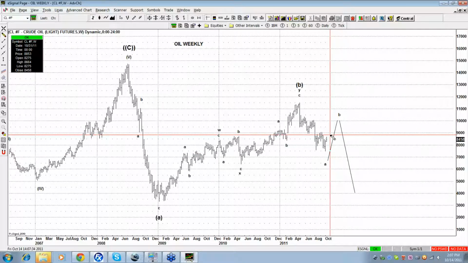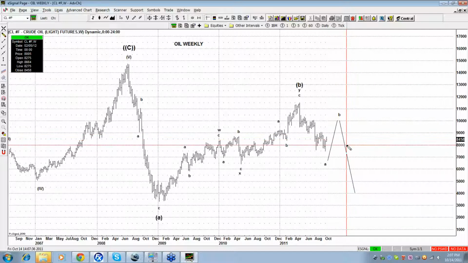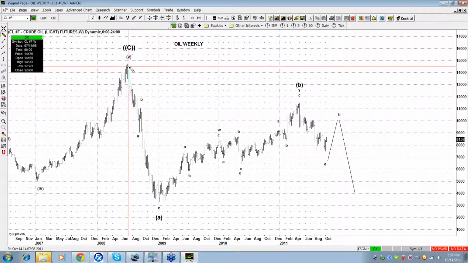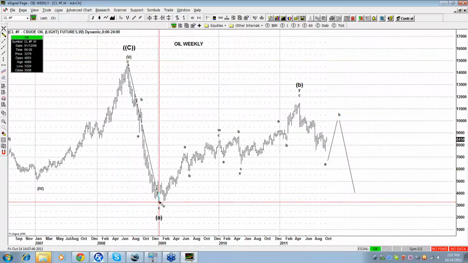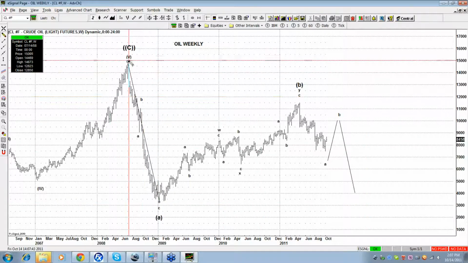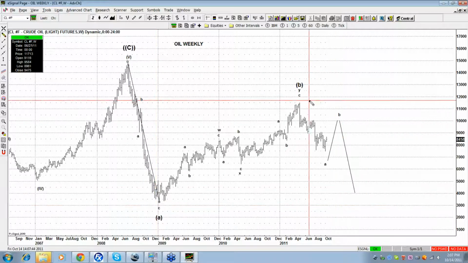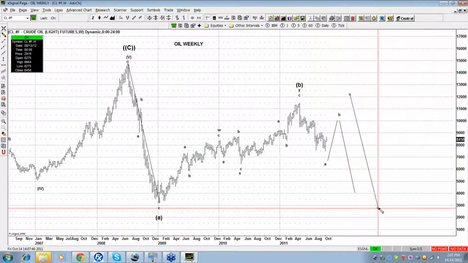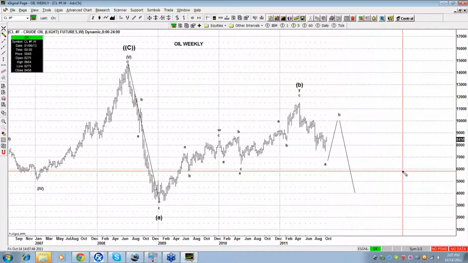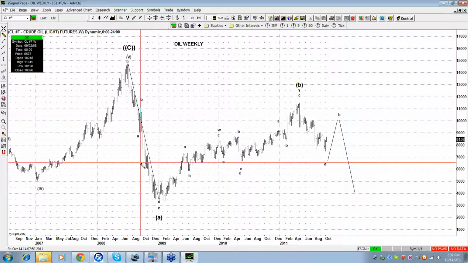I wanted him to surprise. This was a three-way move. Think about it. If this is a three-way move, this cannot be a five-way move to the downside. It needs to be a three.